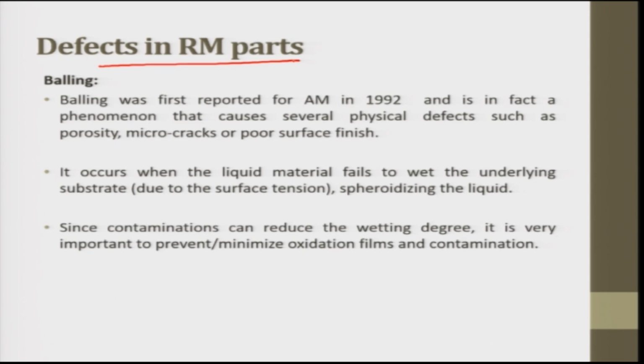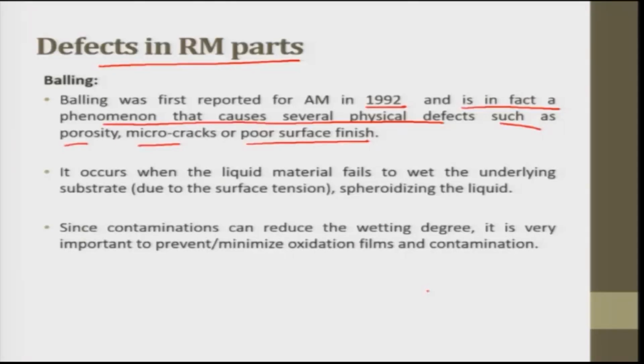First defect is balling. What is balling? Balling was first reported in additive manufacturing in 1992, and it is a phenomenon that causes several physical defects such as porosity, micro cracks, poor surface finish. So, it acts as an initiator of multiple defects. Actually, the material, when it is coming in the liquid form, has to flow continuously. The flow has to be like this.